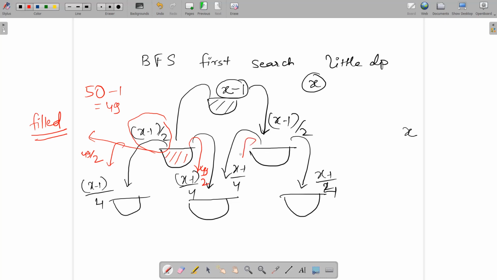So x minus 1 by 4 is quite wrong, you're not going to write that. What you're going to do is find out the sequence of steps first, then subtract 1 if the glass is filled, and then pour the extra amount of water to the glasses in the layer below.